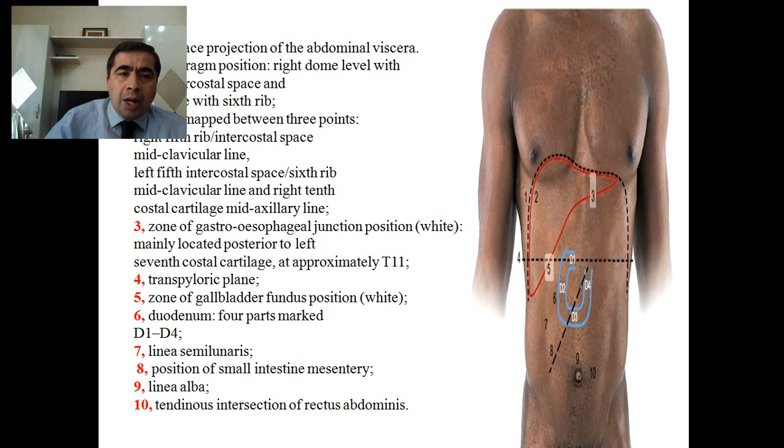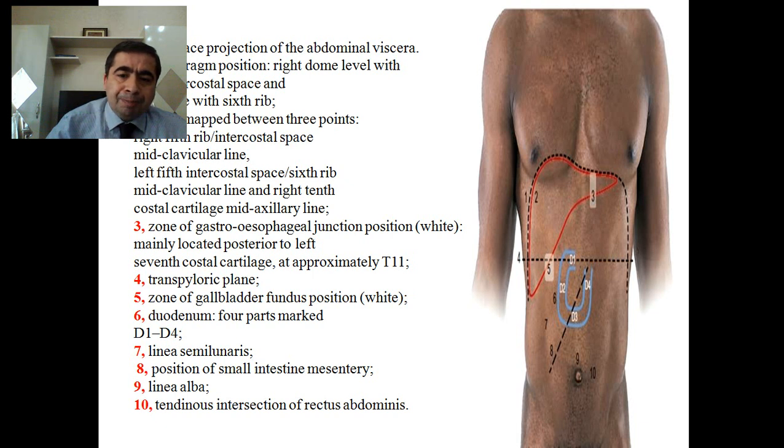Of course, we are interested in the surface projection of the abdominal viscera, because many clinical methods of investigation, such as palpation, percussion, and auscultation, are all based on the projections.